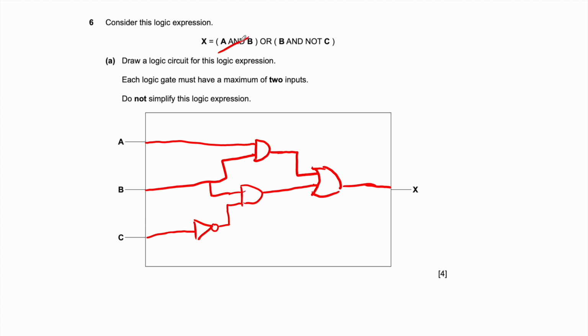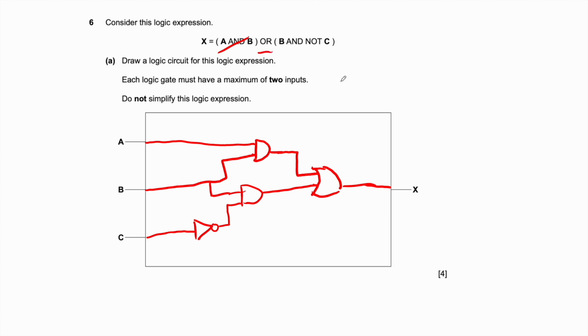So A and B, it's just an A with an AND gate in between it, super easy. And then B and not C, this is going to be the B input going into an and and ultimately the C input going into an and, but the not is going to sit between that gate and the C input, okay? And then or is going to be your last gate. Now, this one is often the easiest one to deal with.